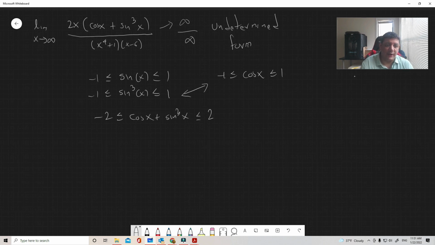So notice now I can multiply this by 2x on both sides. And so if I do that, I'm going to get 4x sine cubed of x, 4x. So far so good. I only need the bottom, so I can divide by this x to the 4x minus 6.